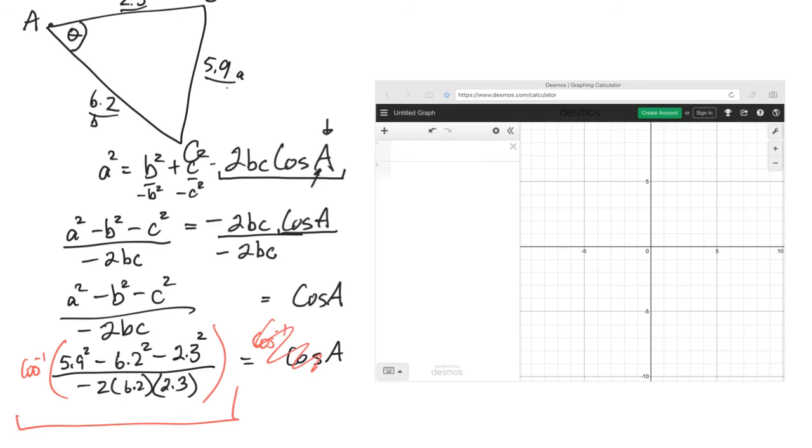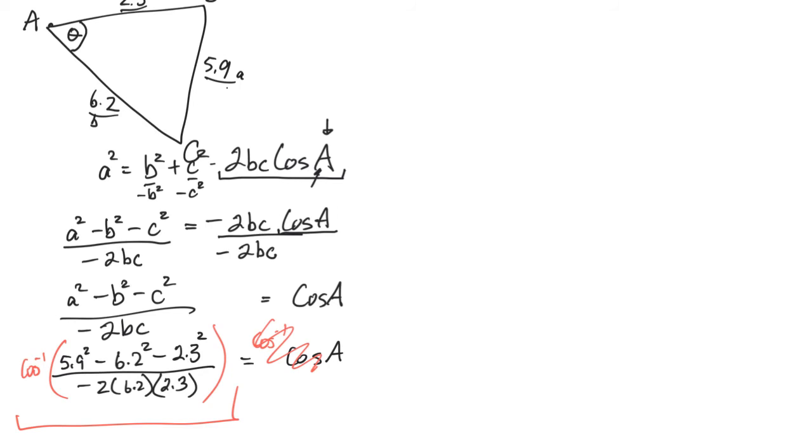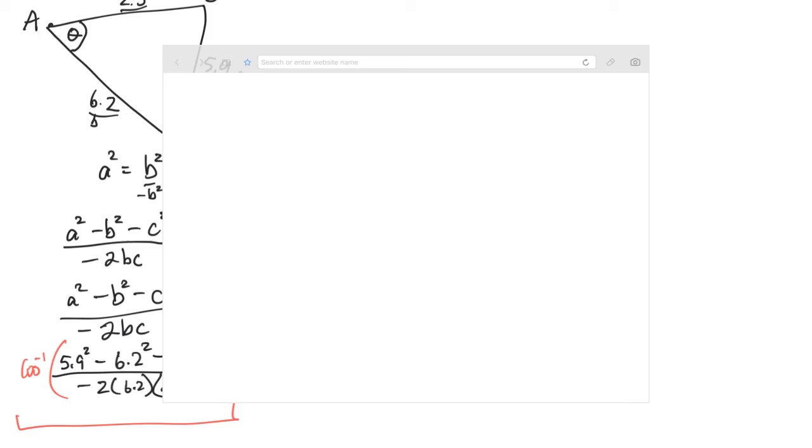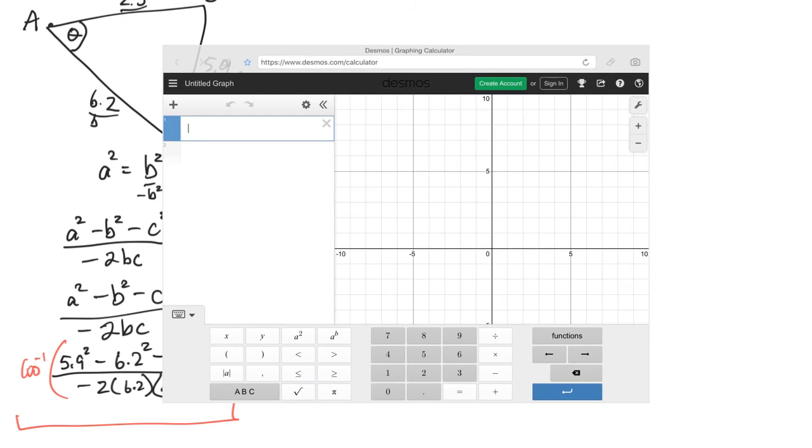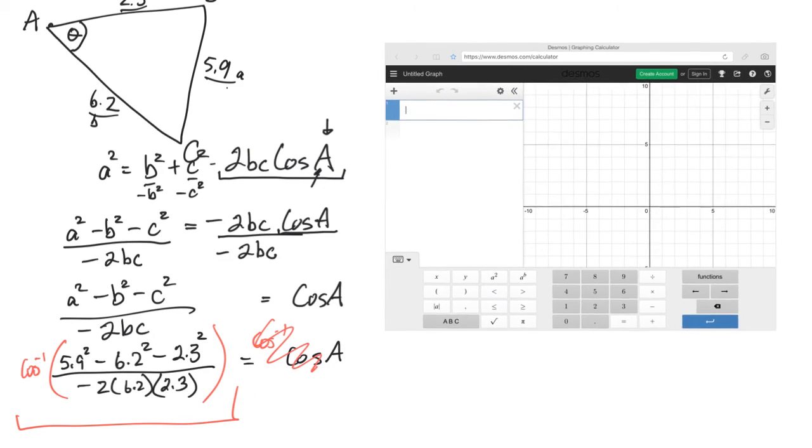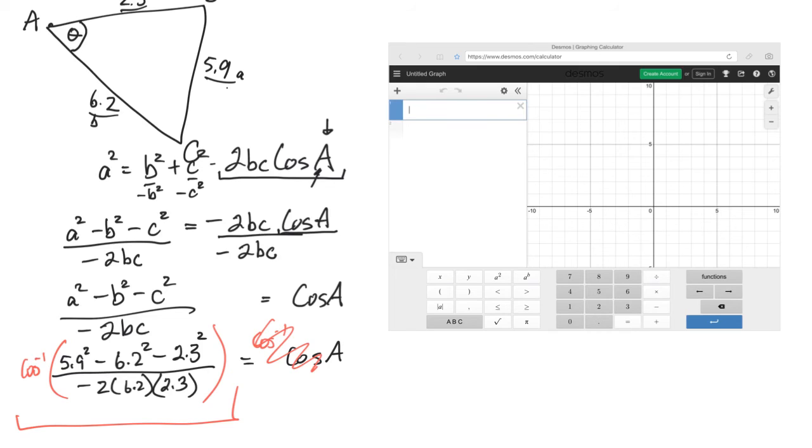Let me try something else here. All right, so I need to go arc cos. So I hit function, arc cos, got it.